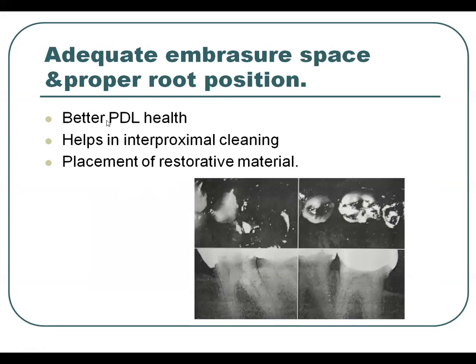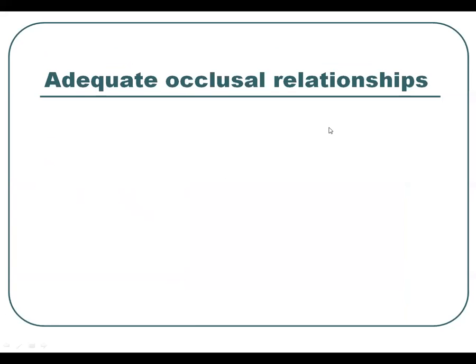Next, adequate embrasure space and proper root position. The root positioning has to be done, uprighted, so that there will be a favorable distribution of the forces. If required, we have to place restorative materials due to caries, or proximal cleaning should be adequate for the patient.